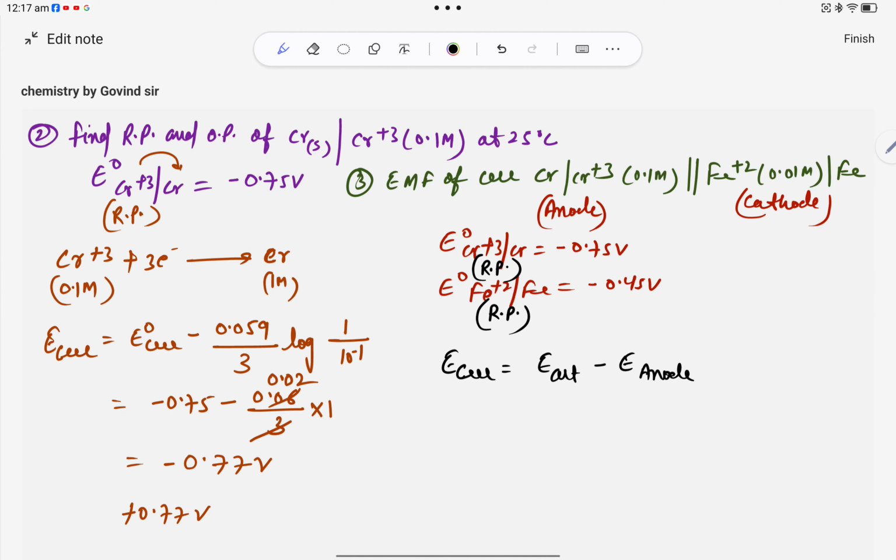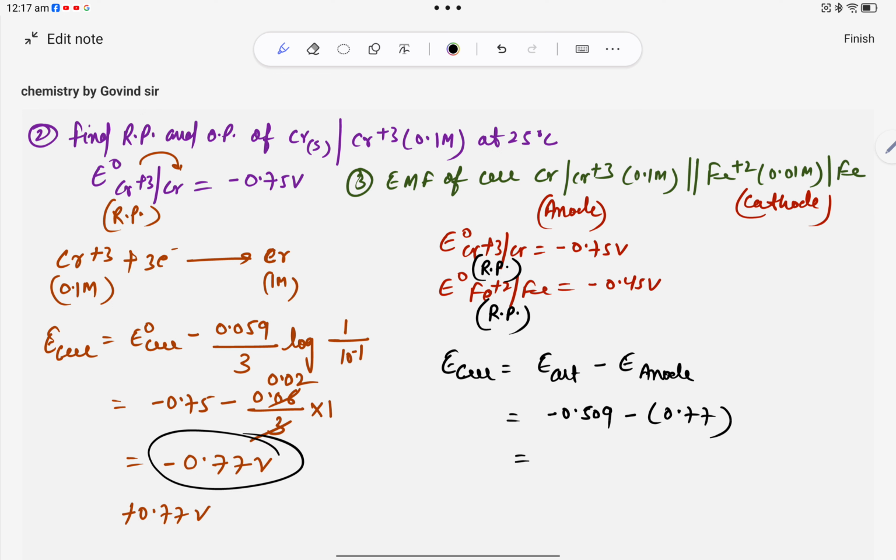So cathode is what? Iron. In the previous question, question number 1, what value we found? Minus 0.509, if you remember, you can check back, and minus 0.77, this value right now.